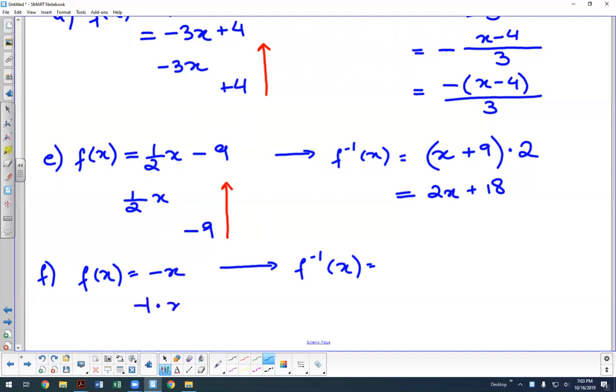So to keep it easy, let's say we're multiplying x by -1, which means its inverse would be taking the x and dividing by -1, right? This multiplication goes as an inverse with division, and if you did this as division, that would become multiplication. So either way, negative x is its own inverse function. Okay?